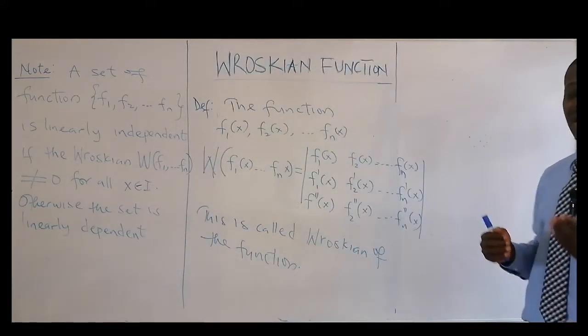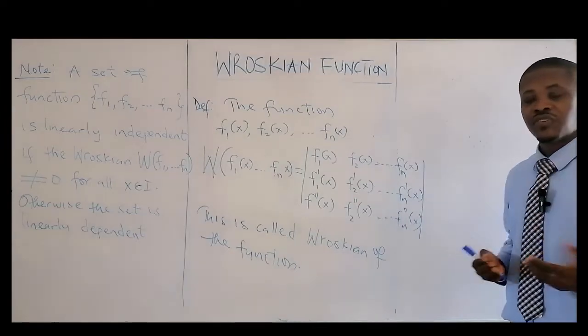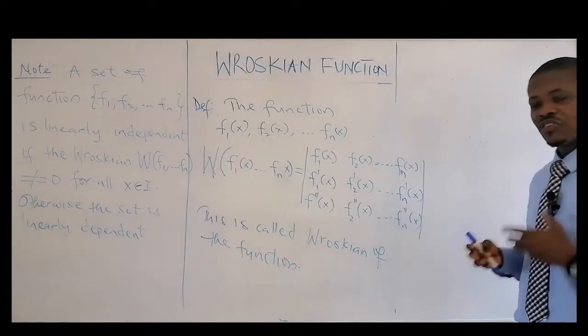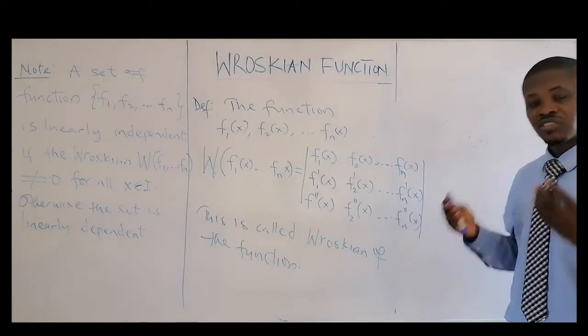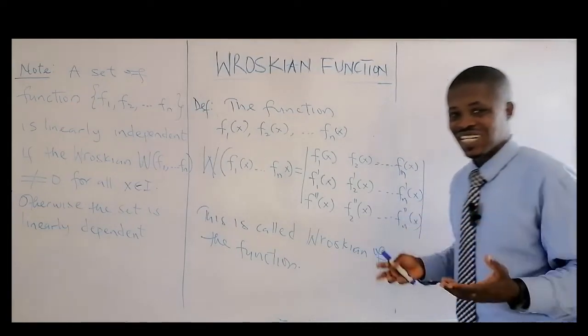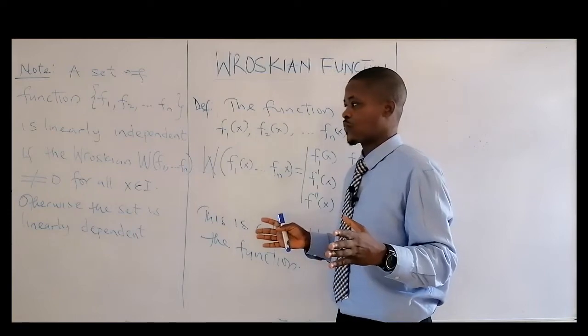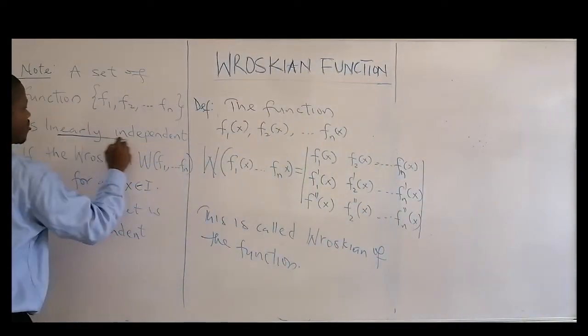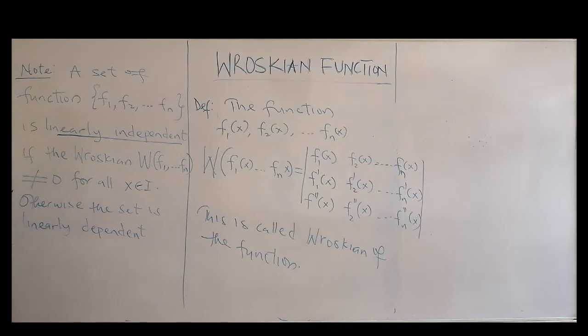If the Wronskian is zero, then such functions are called linearly dependent. But if the Wronskian is not equal to zero, such functions are called linearly independent. For linearly independent functions, the Wronskian must not be equal to zero.